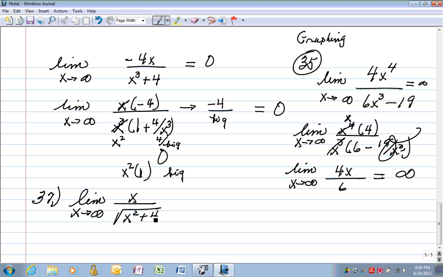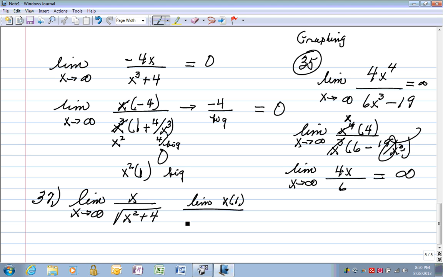Okay, now put your thinking cap on and try to follow. You got a square root. You don't know what you're going to do with it. Well, that's when you do theory. You factor out the highest degree in the top. Well, guess what? It's itself.